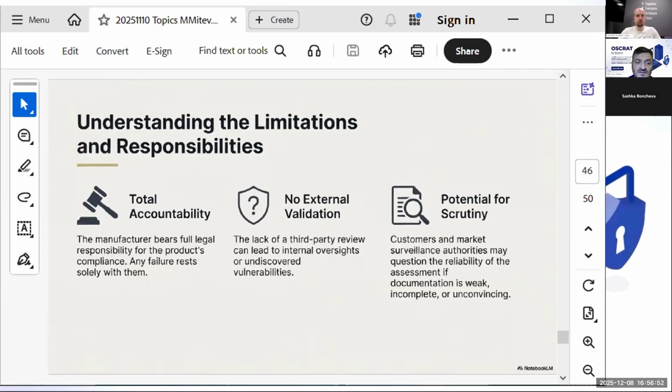This risk means that self-assessment requires strong internal controls, skilled personnel, and careful documentation. It is not simply an easier or lighter option. It demands maturity and professionalism from the manufacturer.